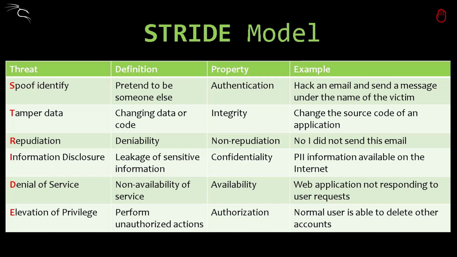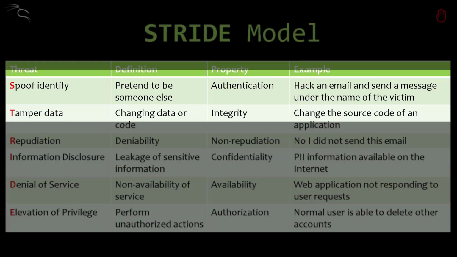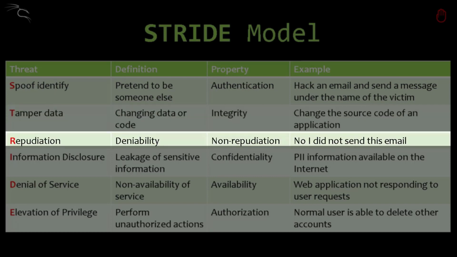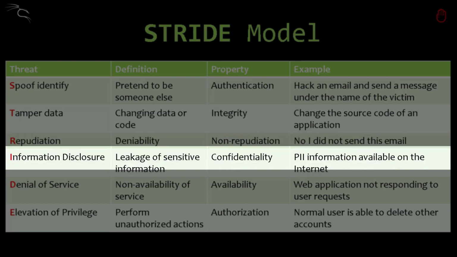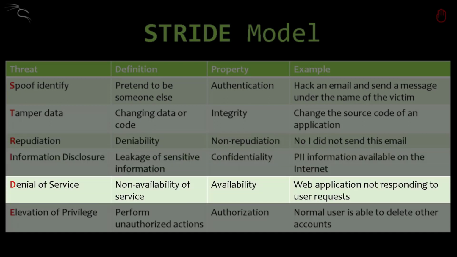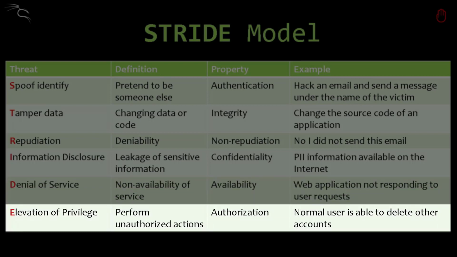The ultimate goal of STRIDE is to go through the process and start asking ourselves, how can someone spoof his identity? How can someone tamper with our data? And how can we make sure that there is no repudiation in place? How can information be disclosed, and how can someone take advantage of vulnerabilities to cause a denial of service? And how can someone access the system in an unauthorized way?